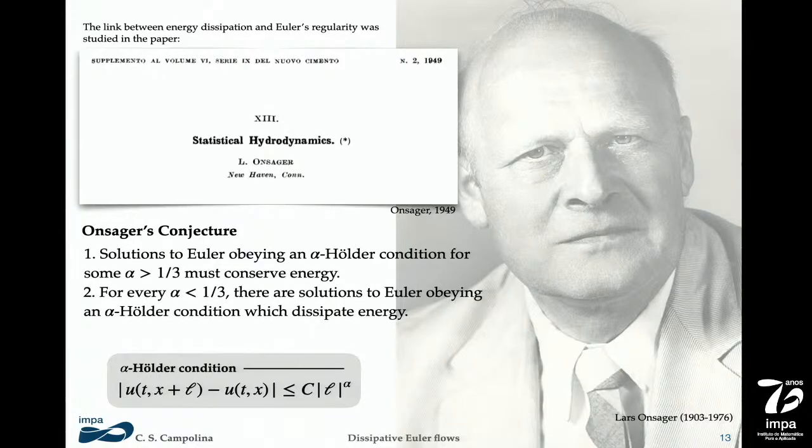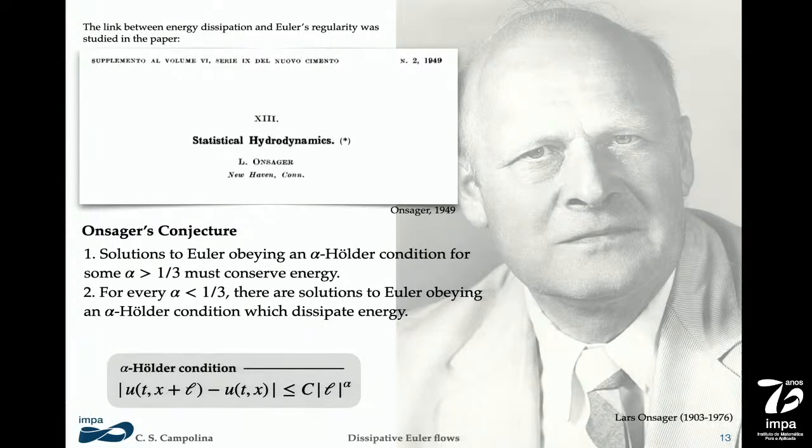It is composed of two parts. The first part states that solutions to Euler obeying an alpha Hölder condition for some alpha greater than 1/3 must conserve energy. So it's a regularity condition, right?